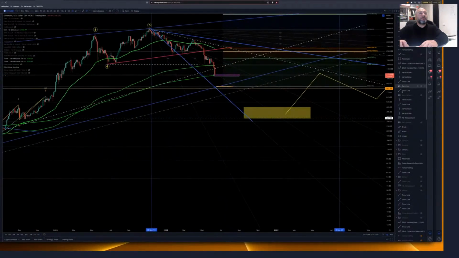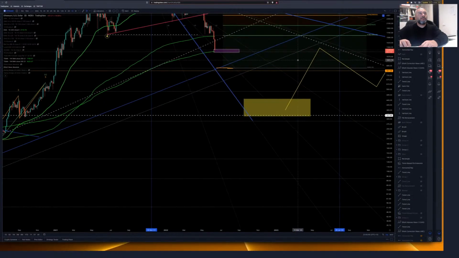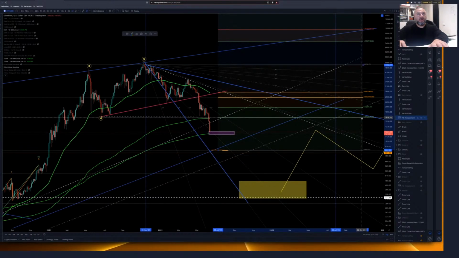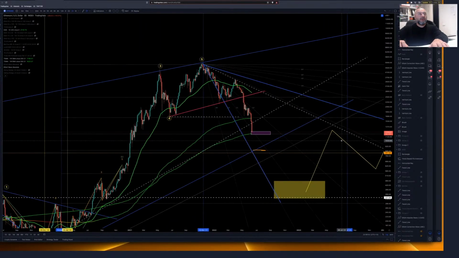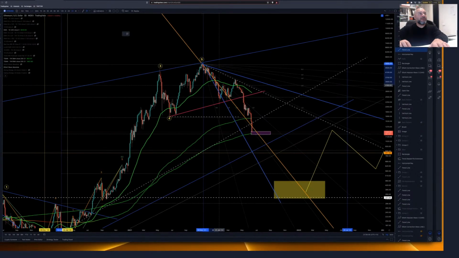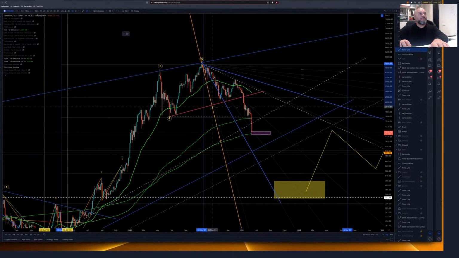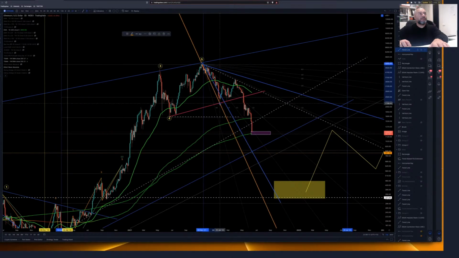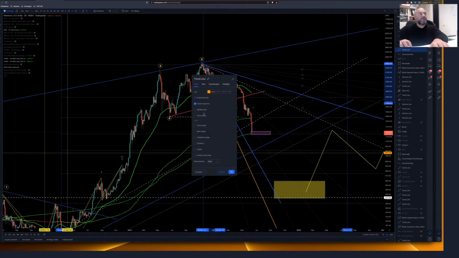With Ethereum, I want to see if this worked. I don't know why I got this. This is an old one. Okay, that's measuring the height. That's the wrong way. What we can do with Ethereum is very similar to Bitcoin. Measure the... No, I don't want that. Just get rid of those two.